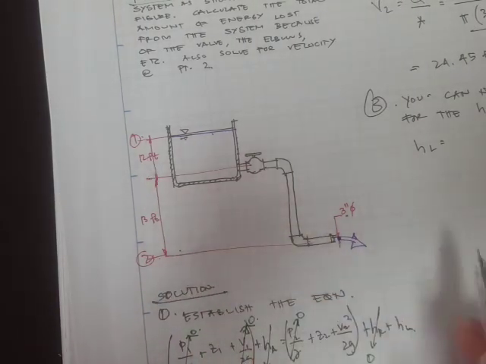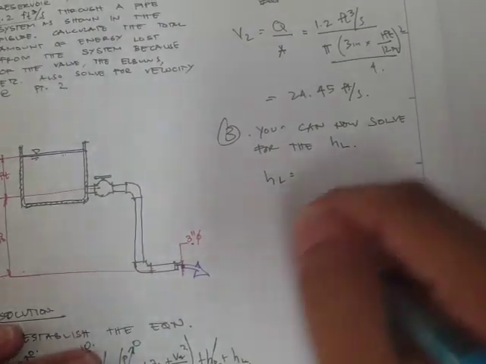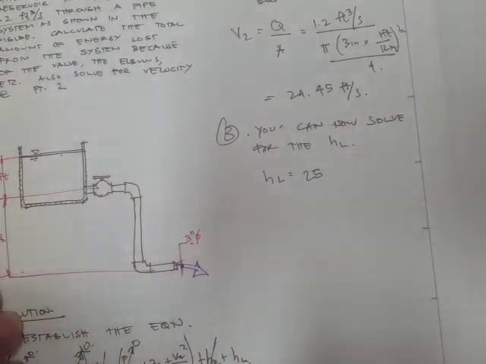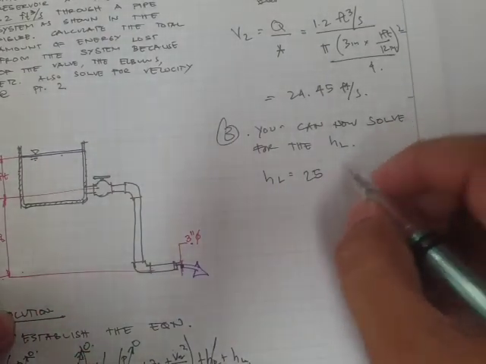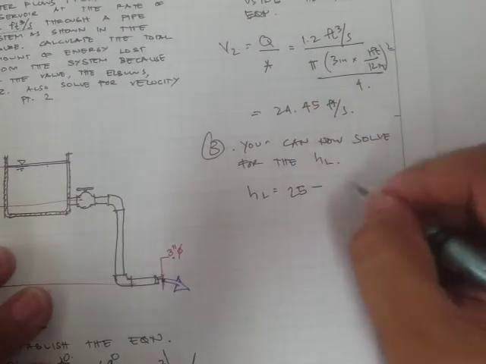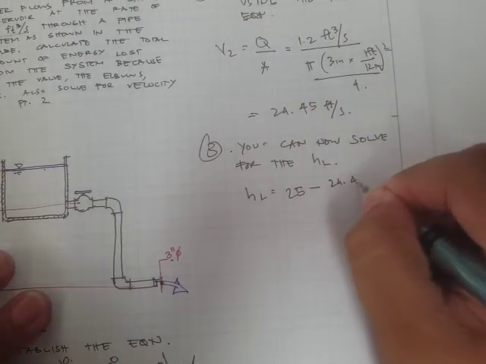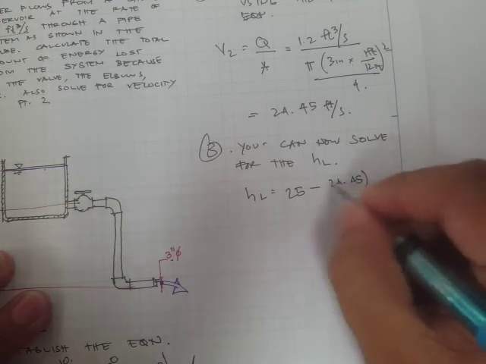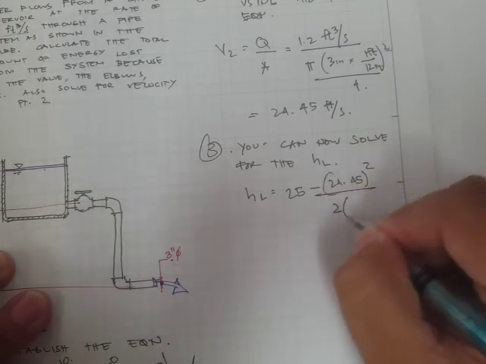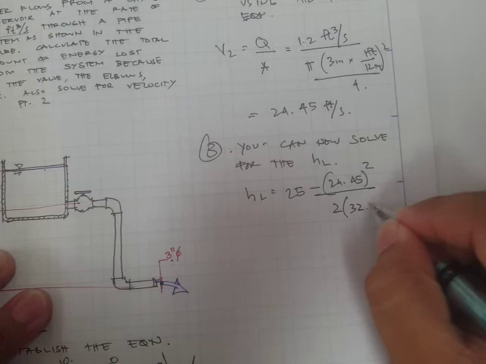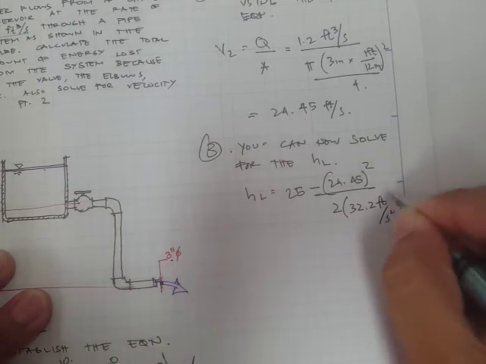That's 25, minus the velocity head, 24.45 squared, divided by 2 times the gravitational acceleration, which is 32.2 feet per second squared.